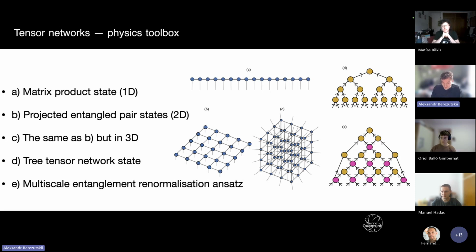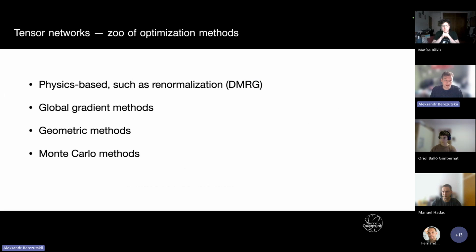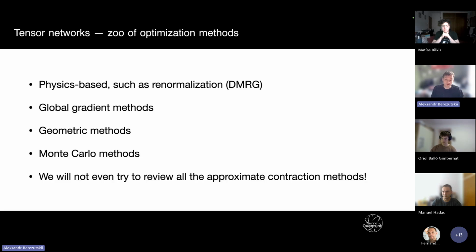So there's a whole zoo of these methods, and I will not even talk about the optimization methods for these networks, or even approximate contraction methods.